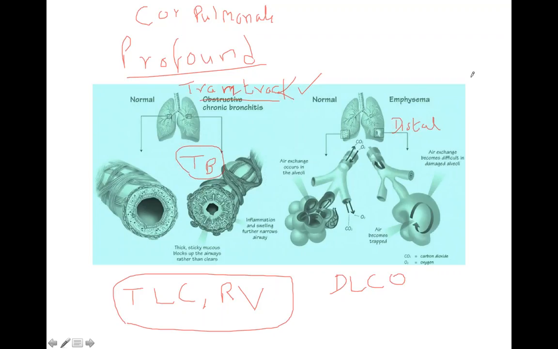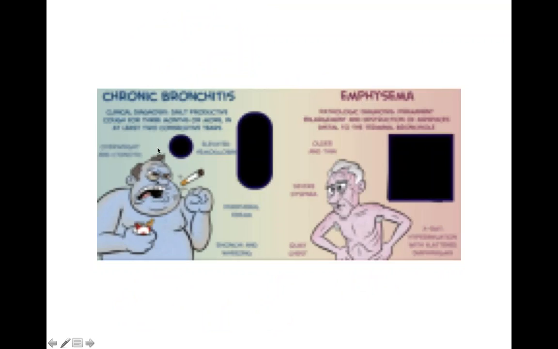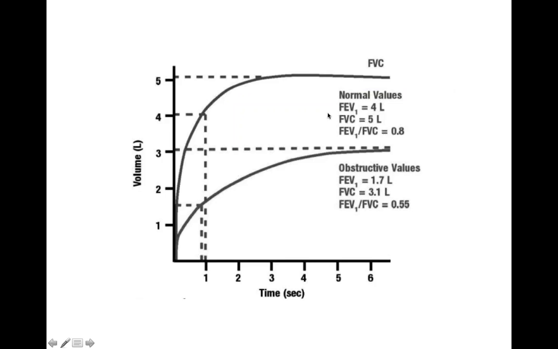This is a comparison, as you can see, not very clear. This is what we see on spirometry. This is the normal spirometry: FEV1 and FVC are 4 and 5 liters, and the ratio is 80%.